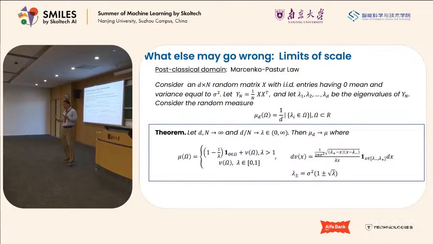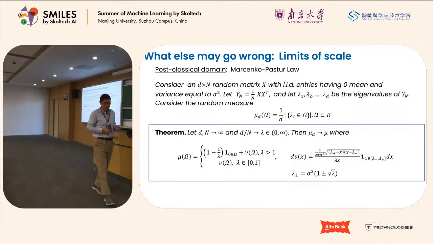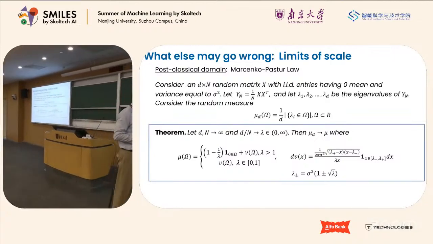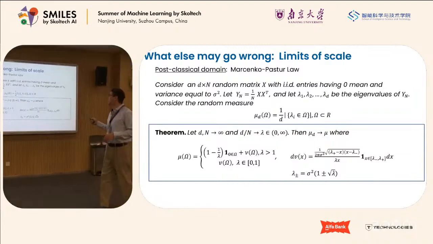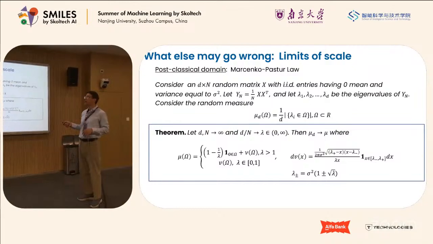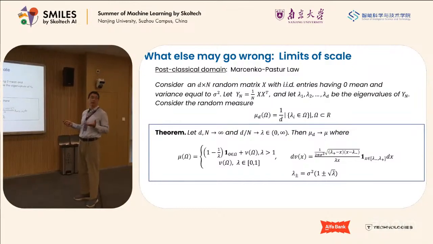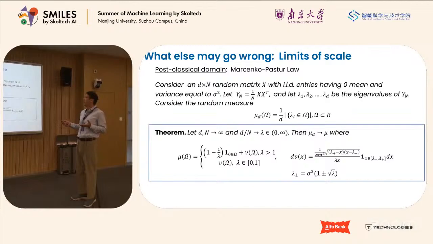So if you have, let's say, a random matrix whose entries are all identically distributed, with zero mean and variance equal to sigma squared, and you take an empirical covariance matrix, then you introduce this empirical random measure which computes for a given interval how many eigenvalues belong to that interval, right?